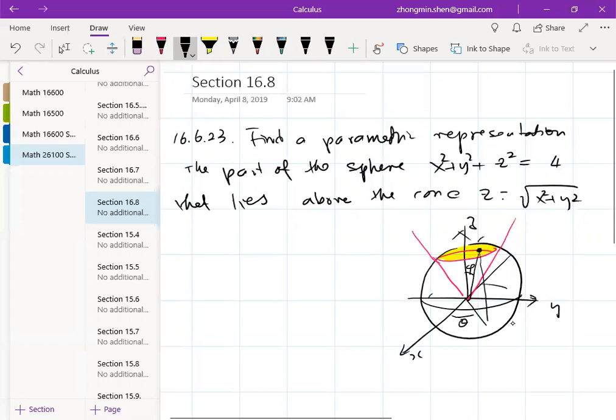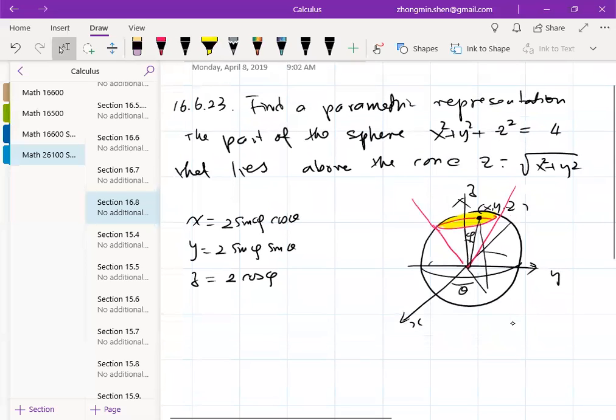If this point has coordinates x, y, z, then rho is 2, because 4 is 2 squared. x equals 2 sine phi cosine theta. y equals 2 sine phi sine theta. z equals 2 cosine phi.